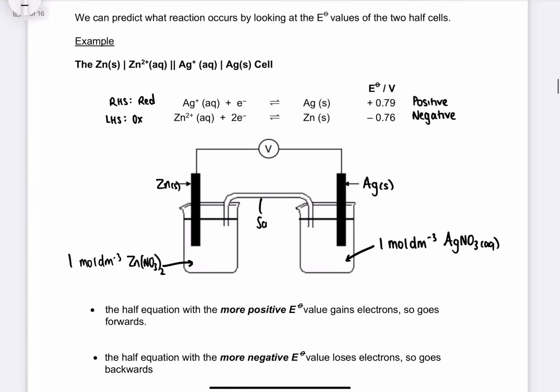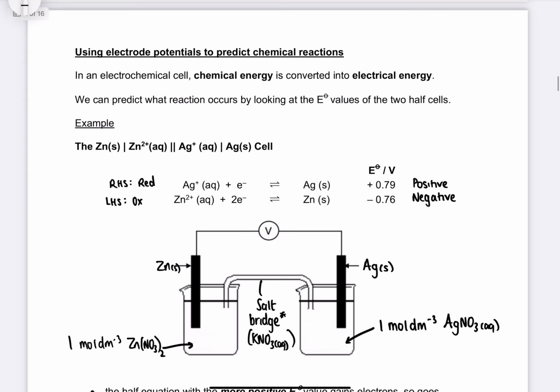We've got a salt bridge. Remember, our salt bridge is usually saturated with KNO3(aq). I'm just going to put a little star here, and put a little note at the top. We couldn't use KCl here.